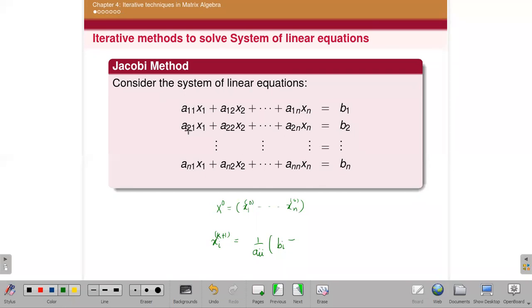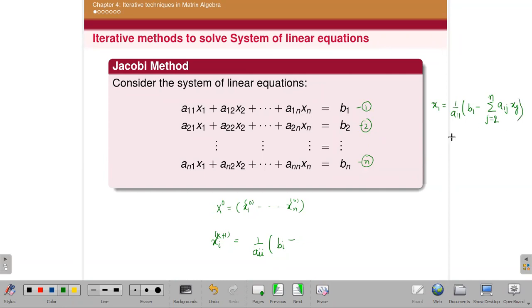Actually, what is the procedure of the Jacobi method? Suppose in the exam you are given equations. It can be three equations in three unknowns, or four equations in four unknowns. Write the first equation, second equation, up to the nth equation. The first step: write x1 from the first equation, as 1 by a11 into b1 minus the summation over j equal to 2 to n of a1j xj.